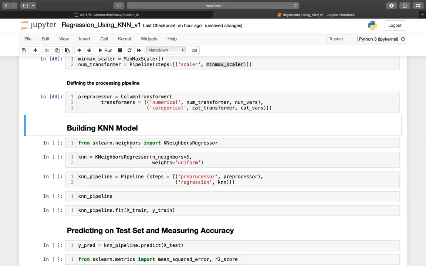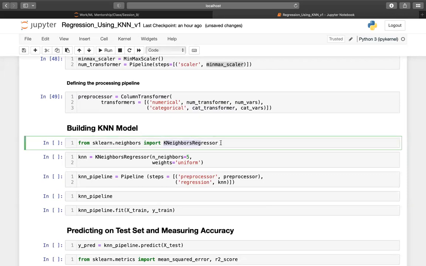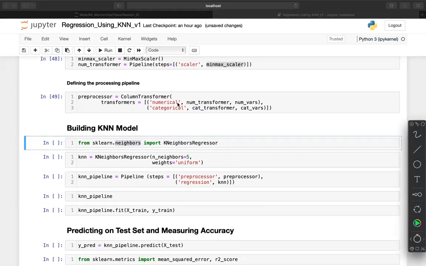And now here we'll import the KNeighborsRegressor. All the neighbors algorithms are part of this particular module called the neighbors package. KNN can actually be used for both kinds of problems.